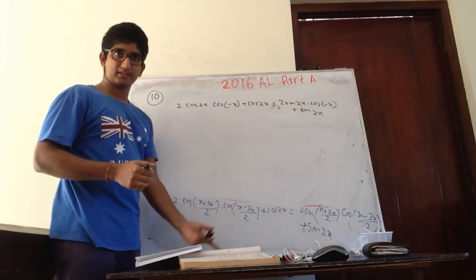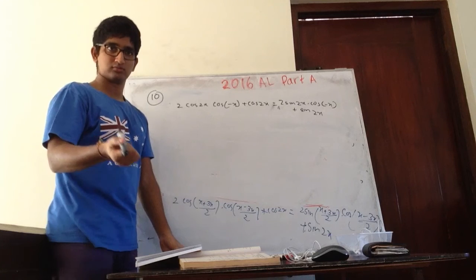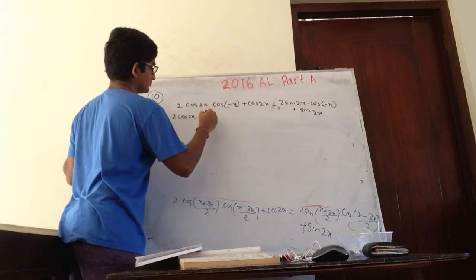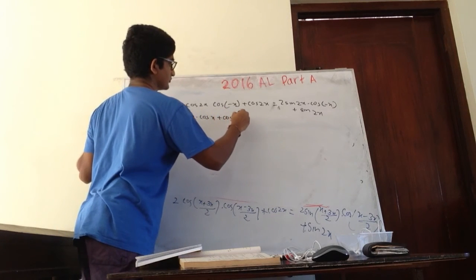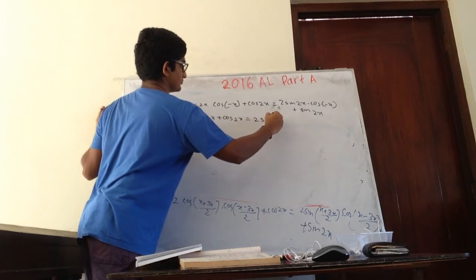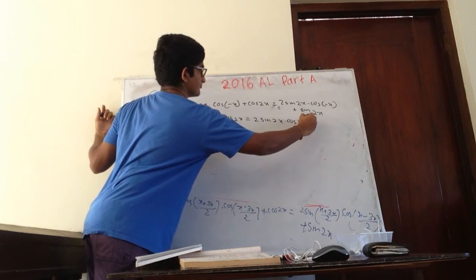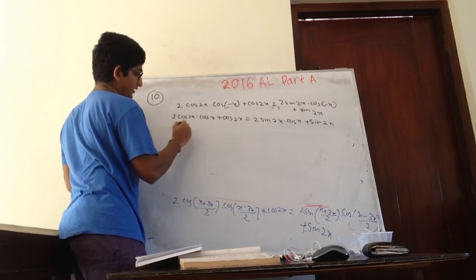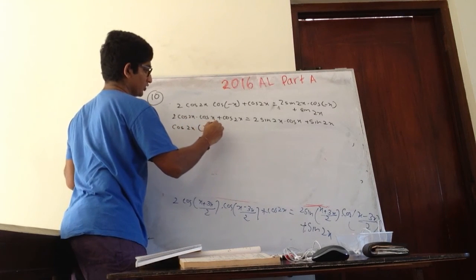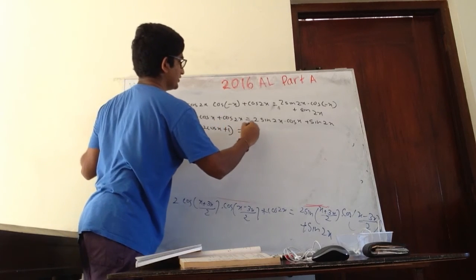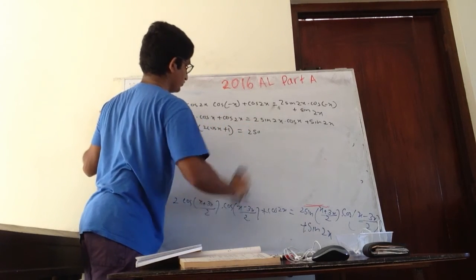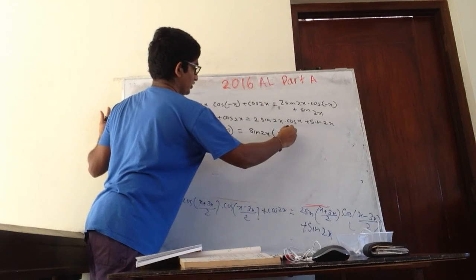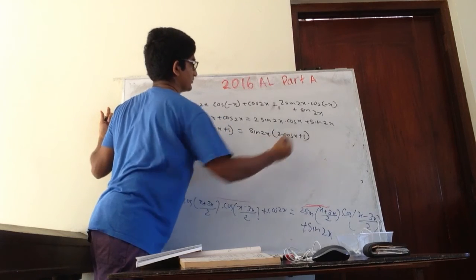Now cos of minus x is equal to cos x, right? So now I'm going to take the cos 2x out here: cos 2x times (2 cos x plus 1) equals sin 2x times (2 cos x plus 1).